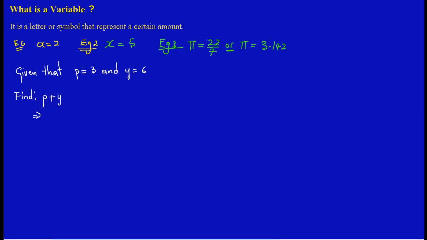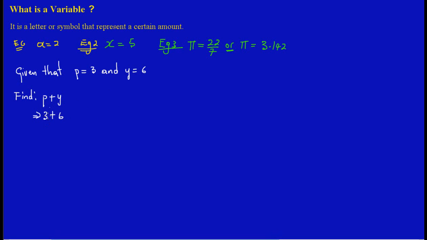What you're asking yourself is, what is p? So you say p is 3, so I'm going to substitute 3 for p, okay? And that's plus, and y is 6. So I'm going to substitute y for 6, and I'm going to say 6.